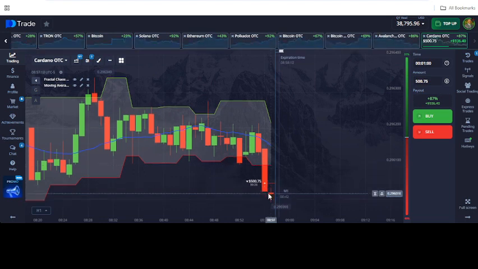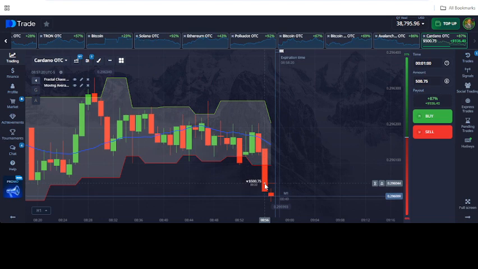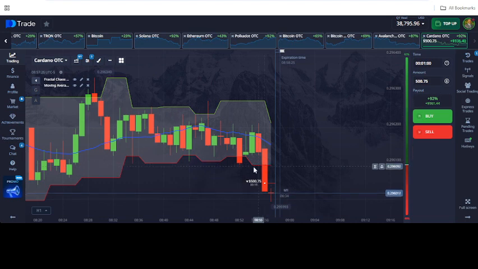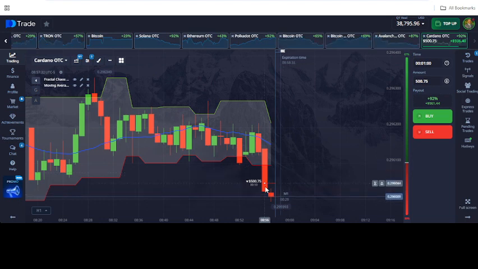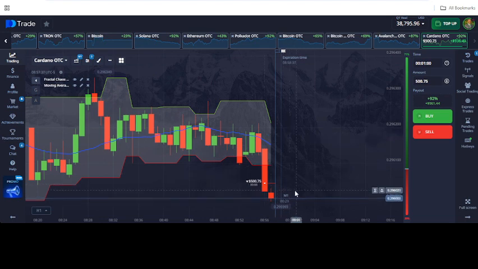It closed right here, but I took the trade here because I knew this long bearish candle would eventually close below this lower boundary of the fractal chaos band line. So that suggests a bearish momentum to the downside in the price of Cardano. So let's monitor this trade and wait for the expiration.